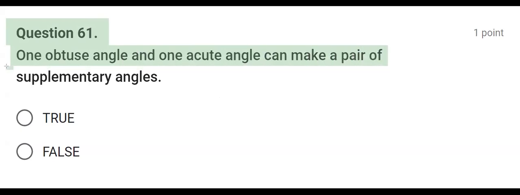In the next question, that is 61, it says one obtuse angle and one acute angle make a pair of supplementary angles. Yes, that's correct. If I take any acute angle, then the other has to be obtuse.